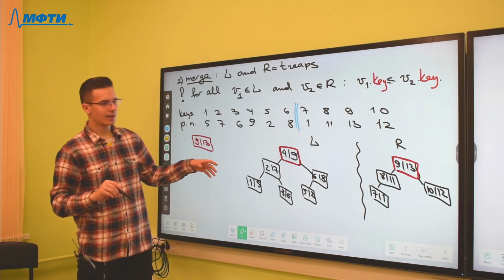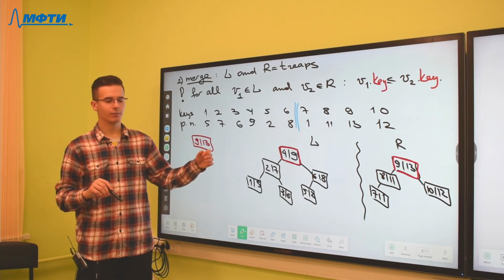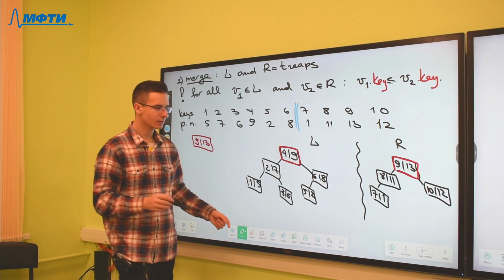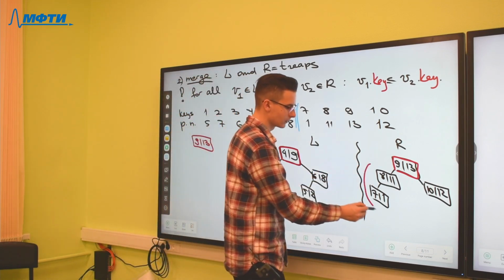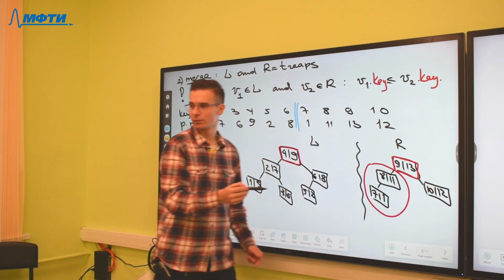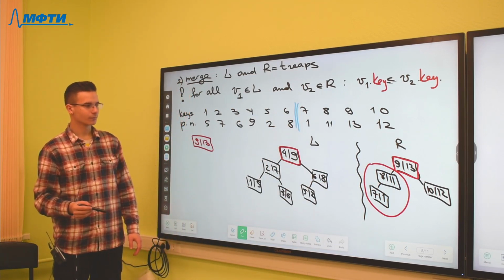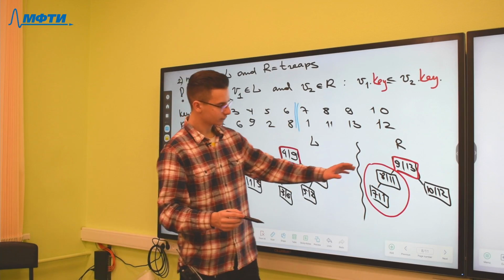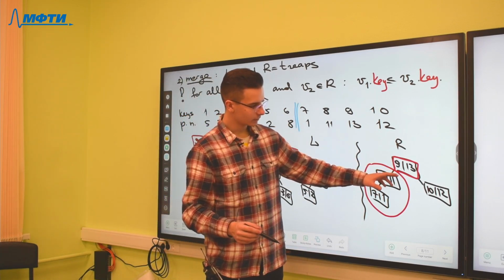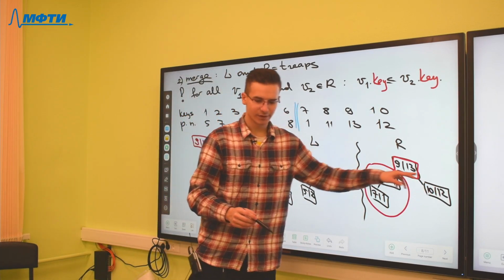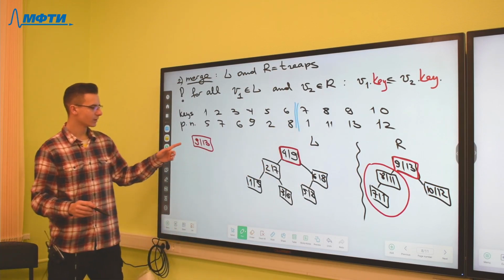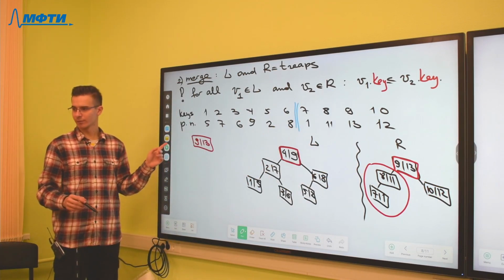So I can recursively merge this tree with this subtree, and I can write this subtree as a subtree of the new tree.